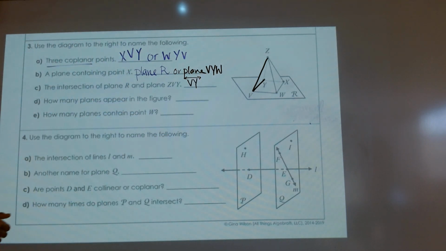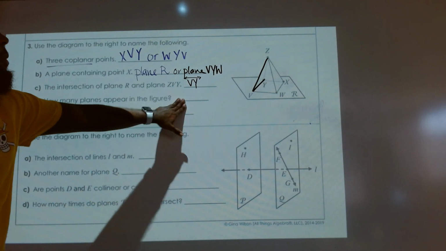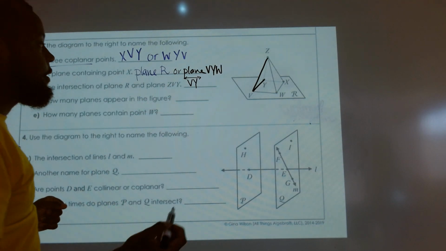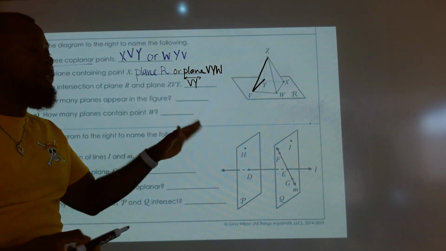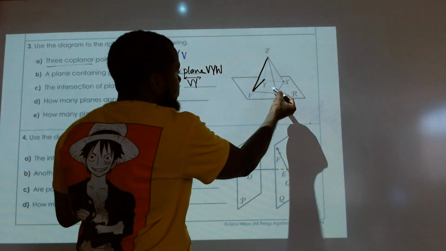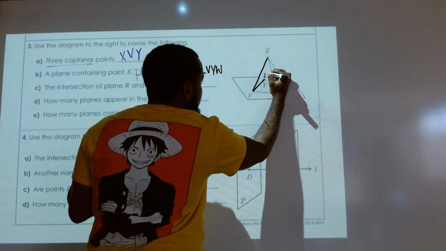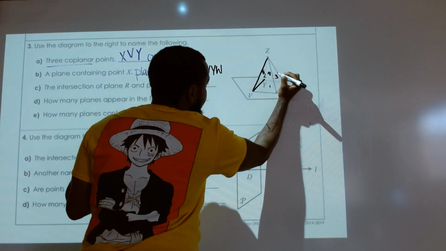Line VY. Now, it's saying how many planes appear to be in a figure. When you count planes, count flat surfaces. All right? So you can count 1, which would be this flat surface, 2, 3, 4, 5.